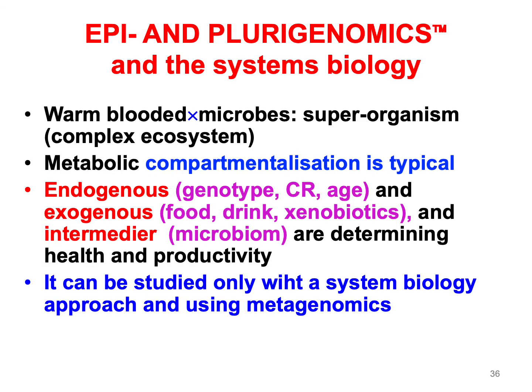The Epigenomics and Pluri-genomics and the Nutrigenomics and all these topics are related to the systems biology. Why? Because the warm-blooded organisms, human, animals, and the microbes make together a super organism.